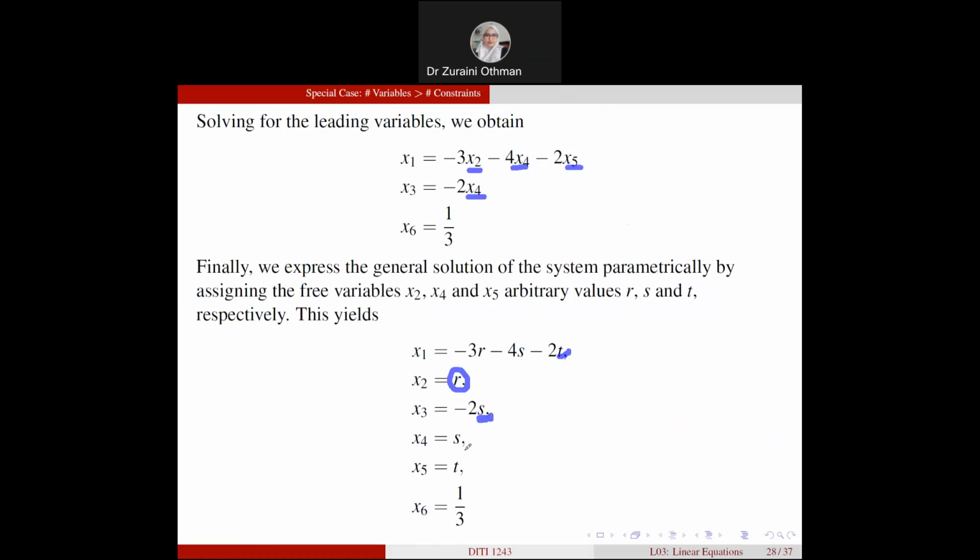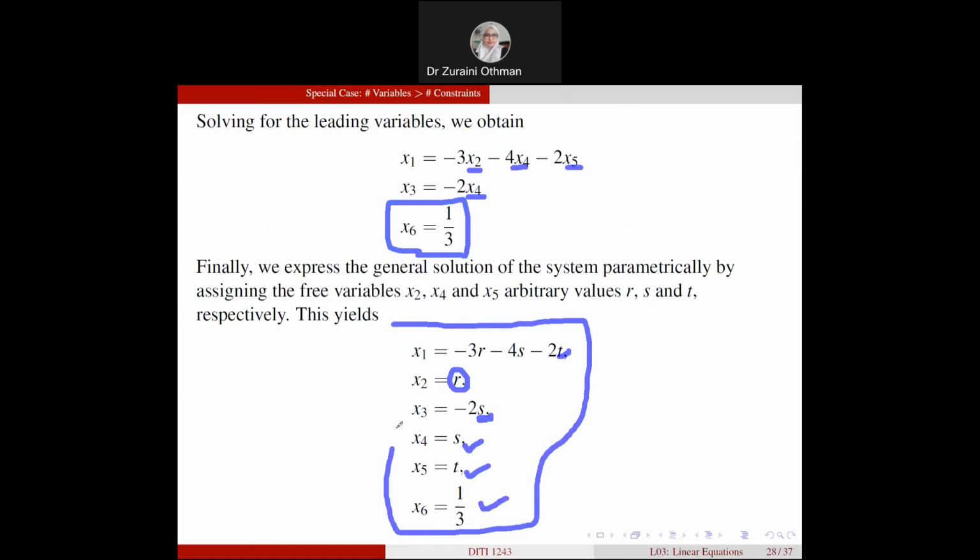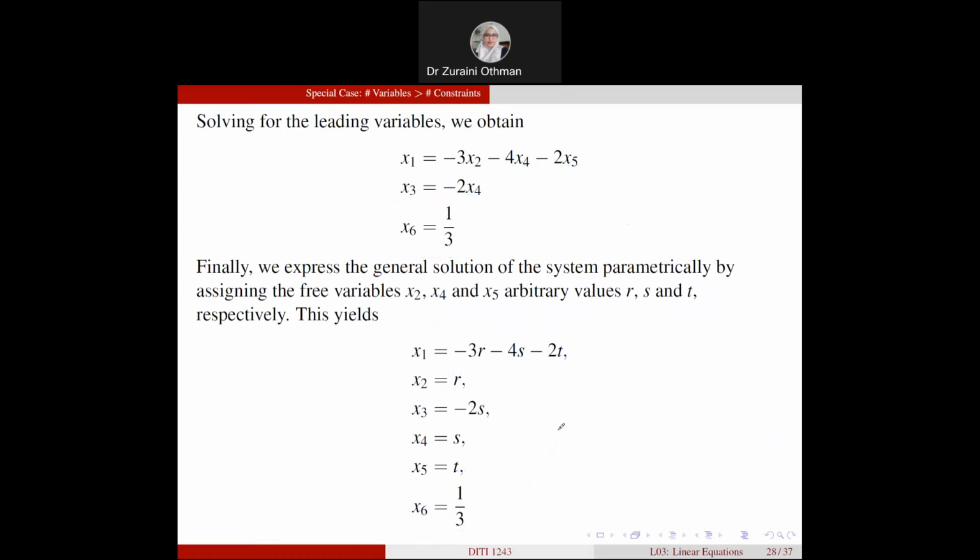And our x4 is S just now, x5 is T, and x6 we remain as 1 over 3. There is no unknown involved in x6, so it is a real number. If you can't get what I said, please rewind this part of the video.